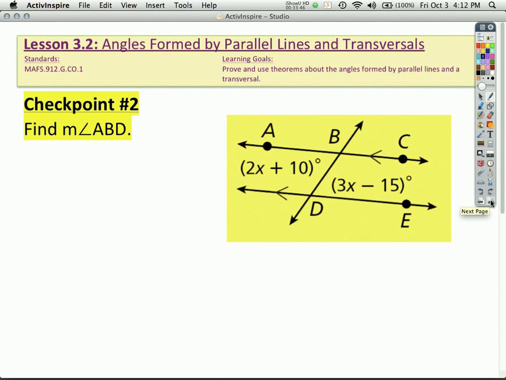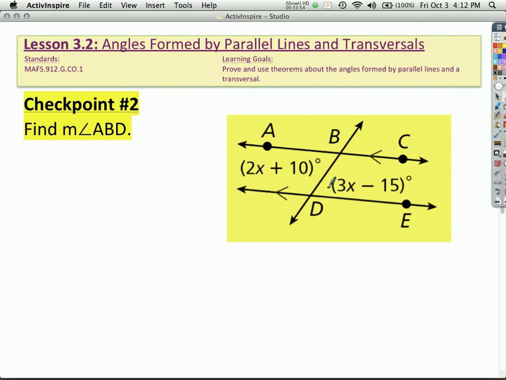Checkpoint number 2. Find me the measure of ABD, and I want to clarify, because it was a little bit hard to squeeze it in. This is the measurement of that angle, and that is the measurement of that angle.